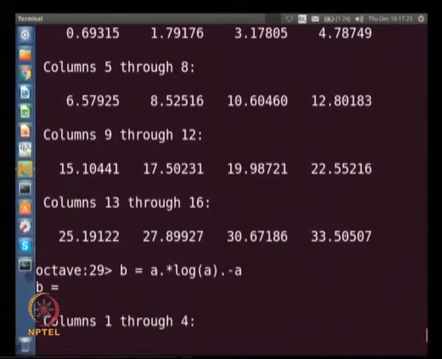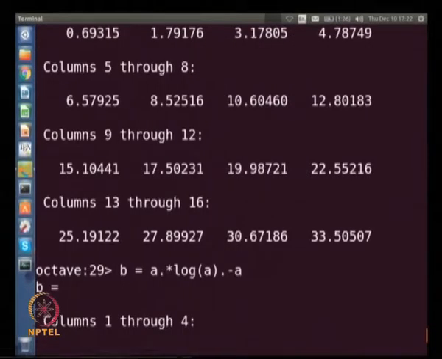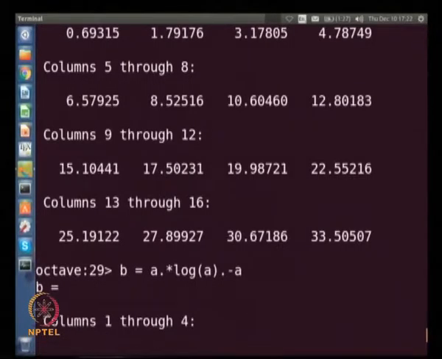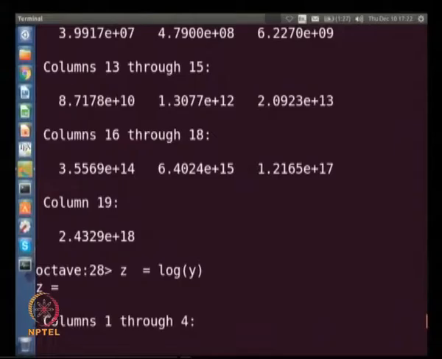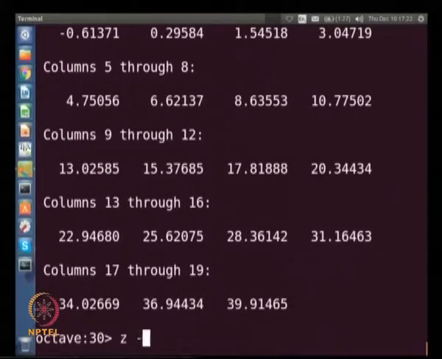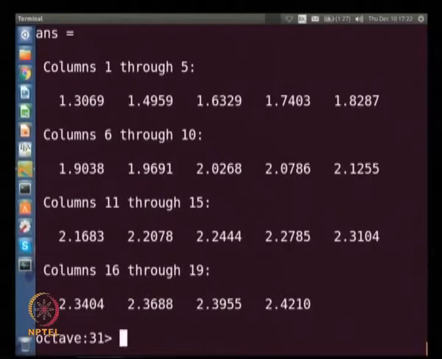Now, I had the quantity called Z, which was logarithm of Y, and I now have this quantity B. Z is basically logarithm of factorial of n.